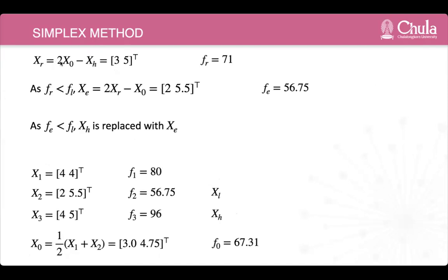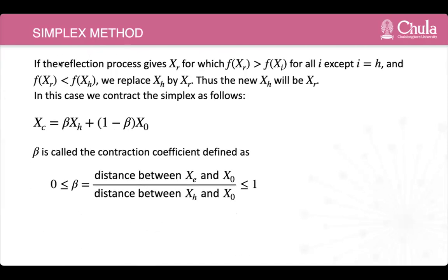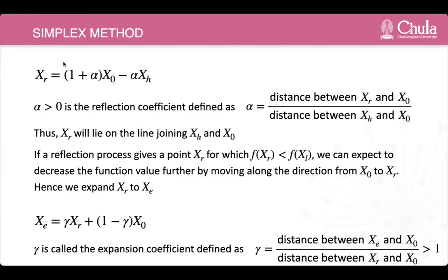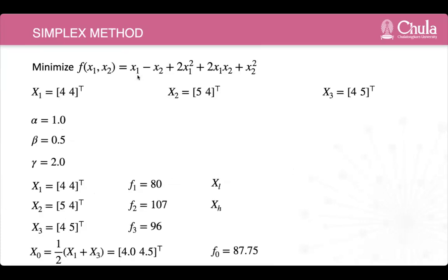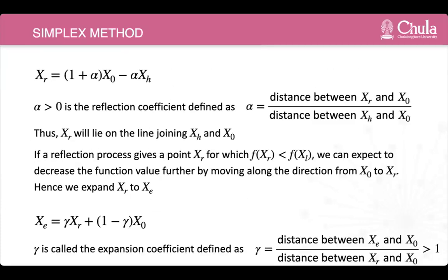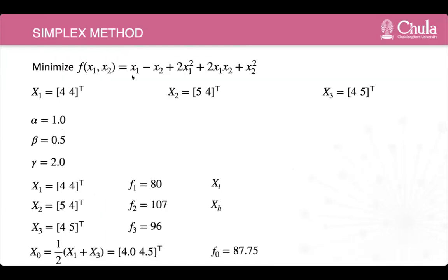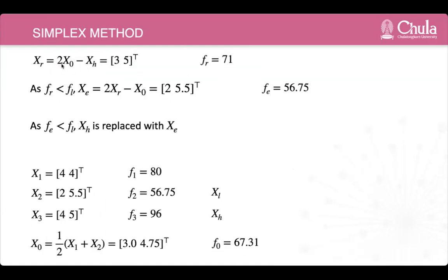And why do we take 2 here? You check the formula again. Our formula is 1 plus alpha times x0 minus alpha times XH, okay? And if our alpha is 1, you see that we have 2 here, right? And minus 1 here.